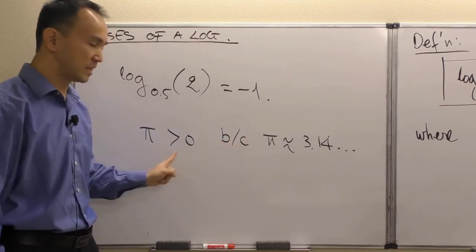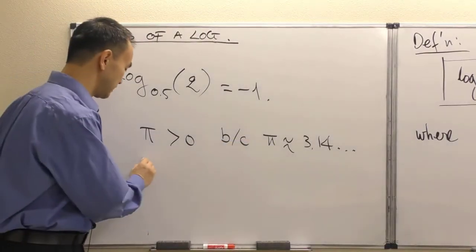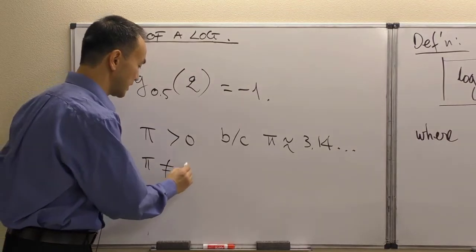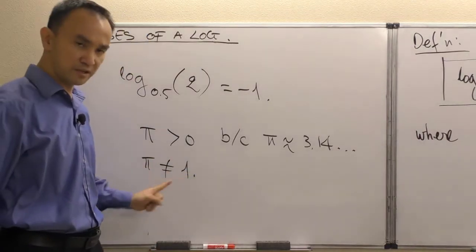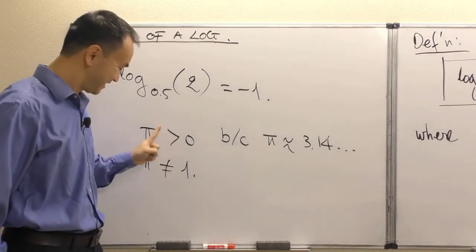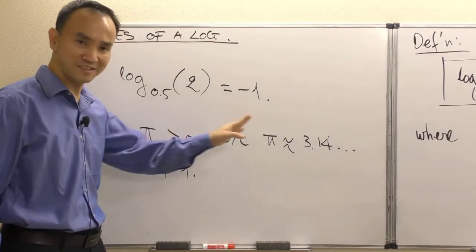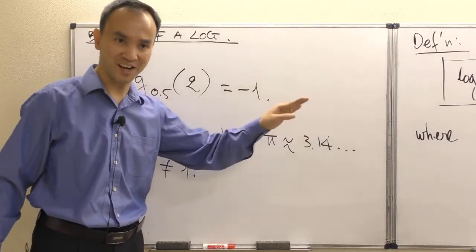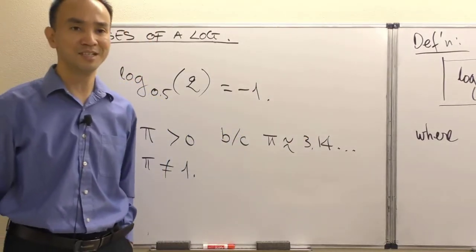So surely it's above 0 and other than 1. As long as we have a number that meets the 2 requirements, positive and other than 1, it can be the base of a logarithm operation.